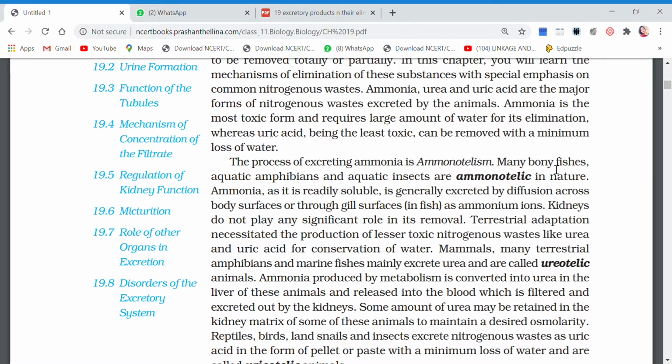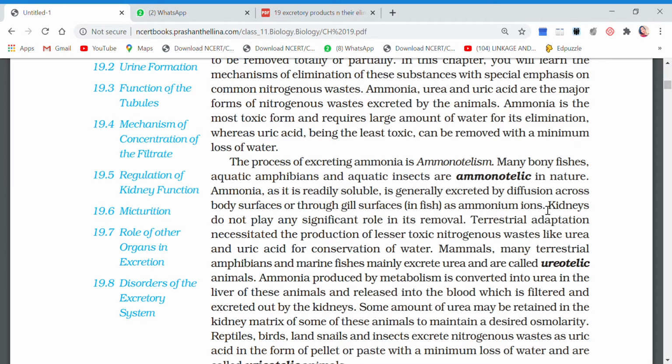Mostly those animals which live in water show this type of excretion, that is, bony fishes, aquatic amphibians and aquatic insects are ammonotelic in nature, because ammonia is readily soluble, meaning easily soluble in water, and is generally excreted by diffusion across the body surfaces or through gill surfaces as ammonium ions.